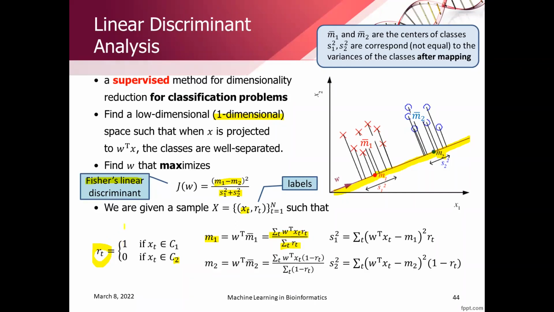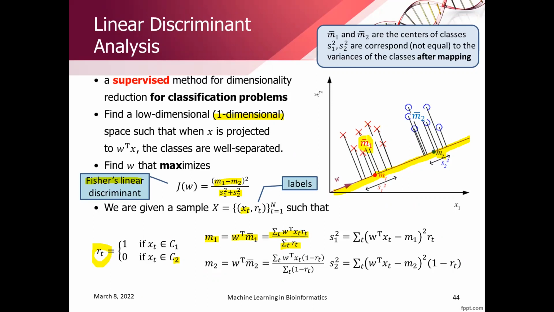This will be the mapping of the mean for the first class, m sub 1. m sub 1 bar is the mean of the original class before transformation.